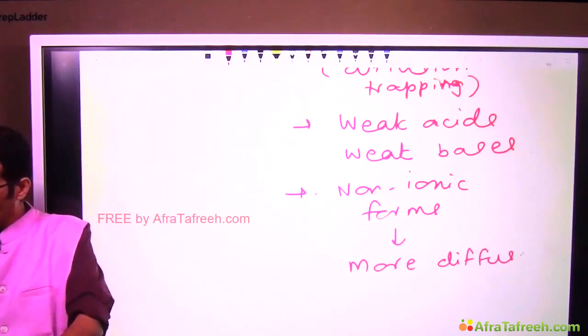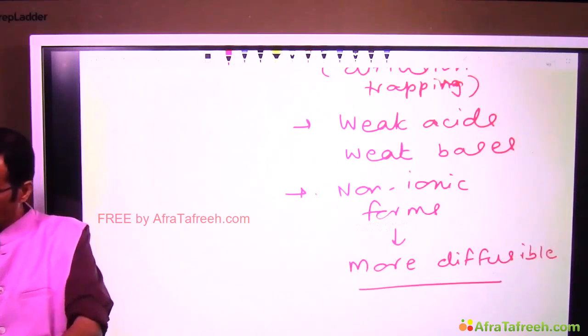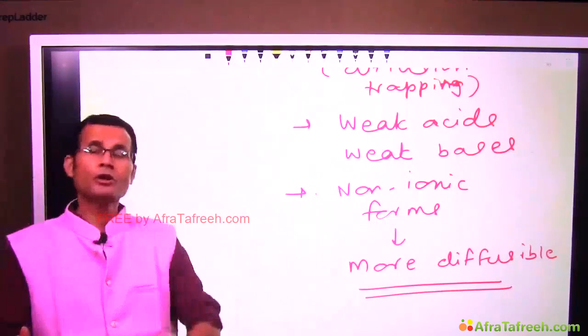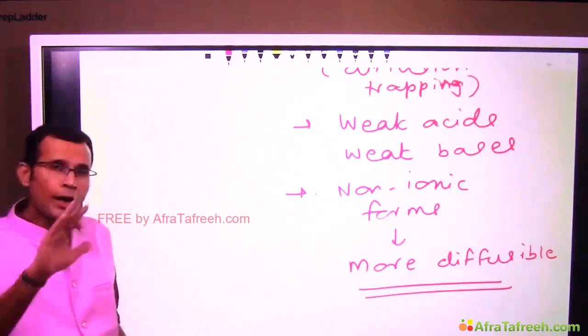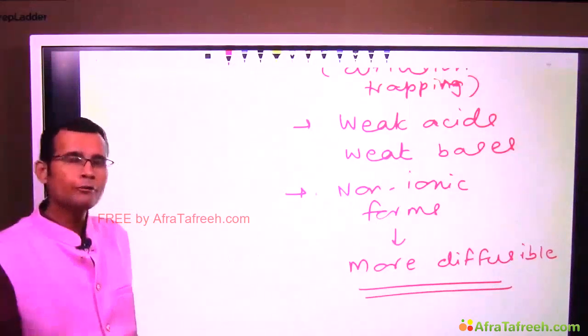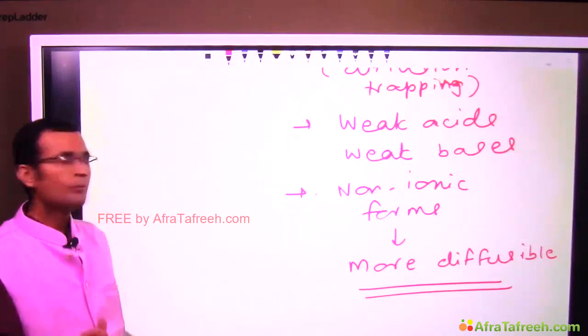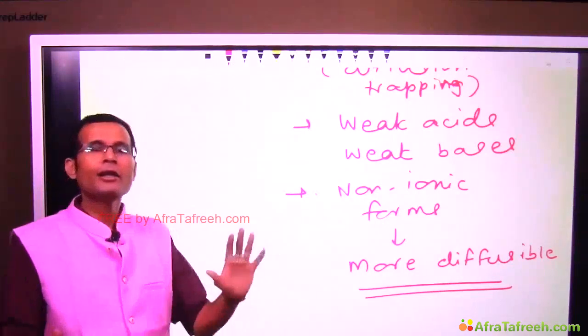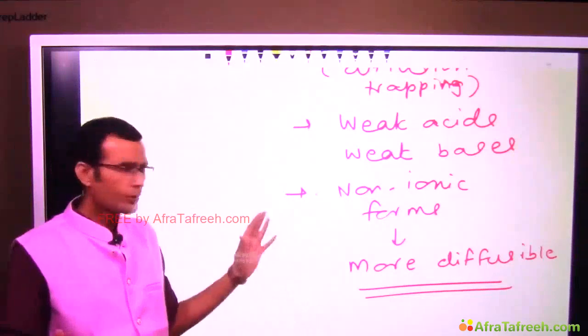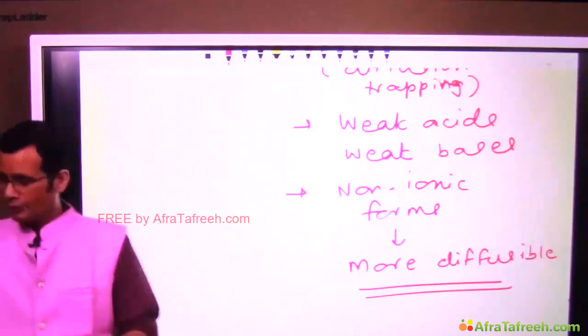So you need to remember this one particular basic fact. This will be required in the pharmacology later on. Non-ionic forms are more diffusible. They can diffuse through the membrane. Ionic forms are less diffusible. So look at this.